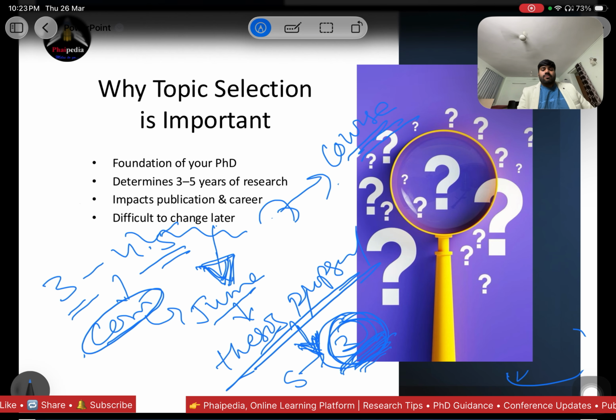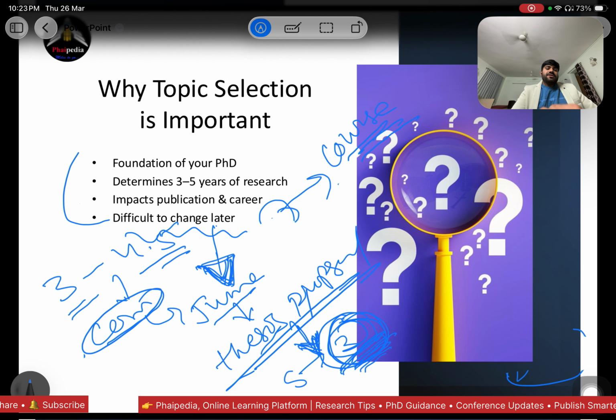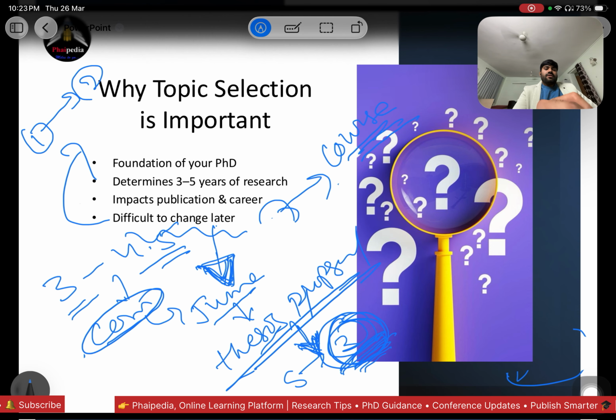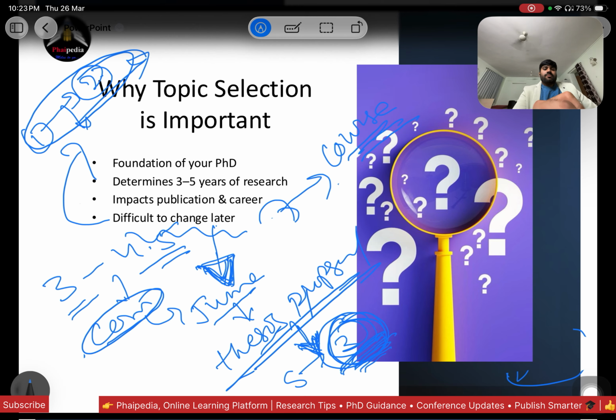You will work on the topic and then you will submit your paper in any journal and then you will get the publication. Okay, so it is difficult to change later. So you can take time in the start, like you can start from the end of the first year and then take the whole second year or half of second year to choose this research topic and then proceed with the research work.